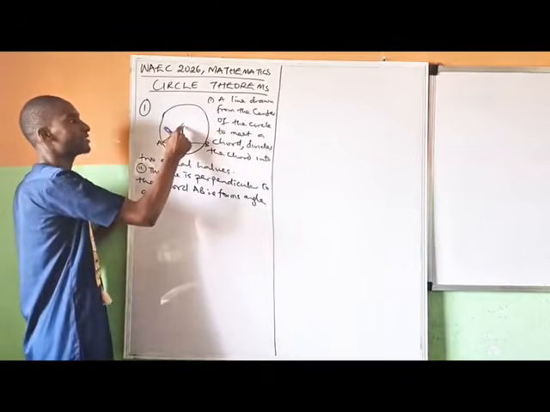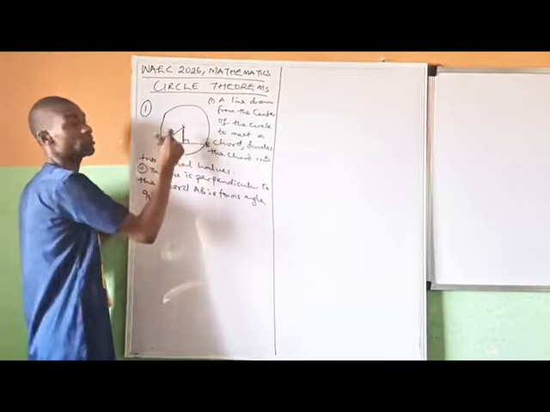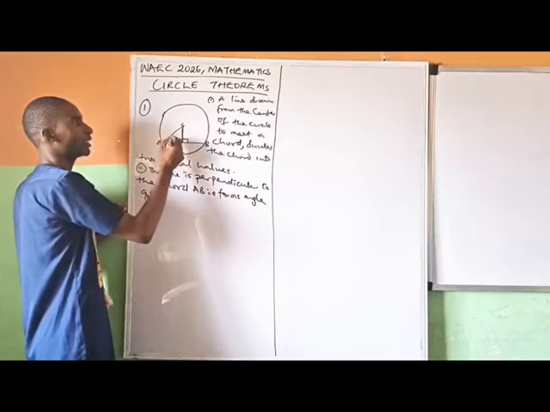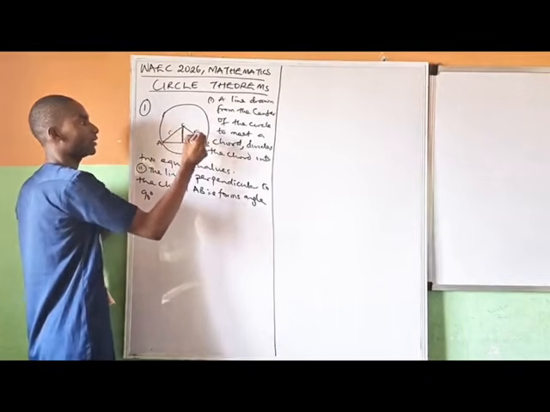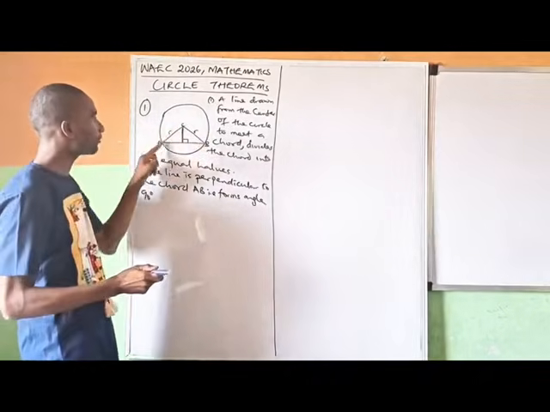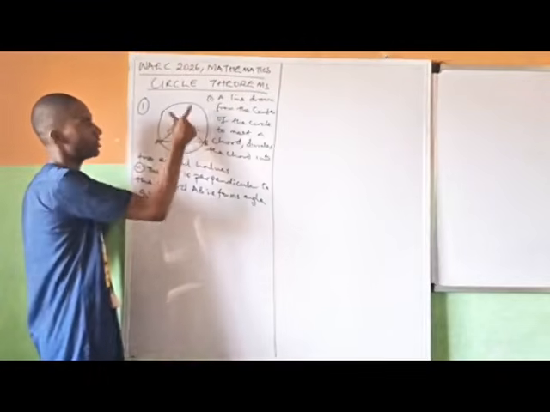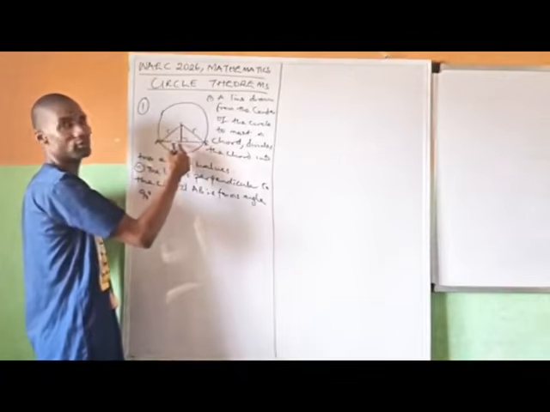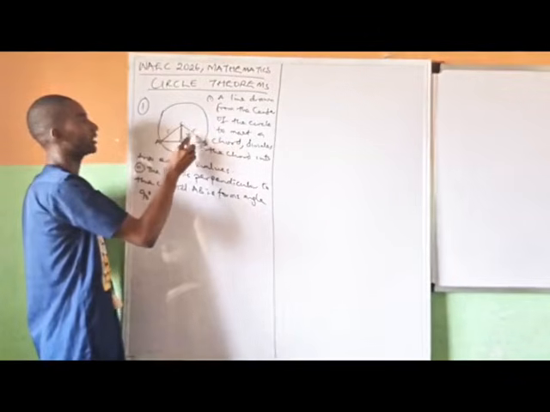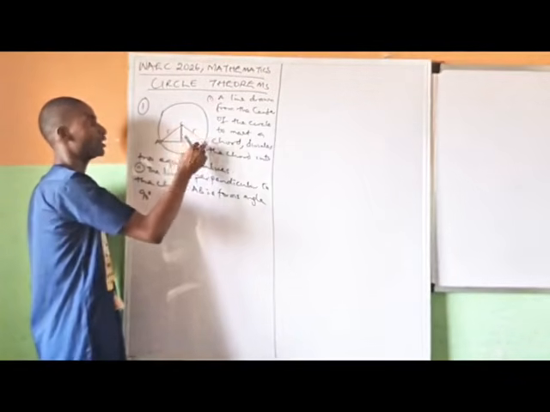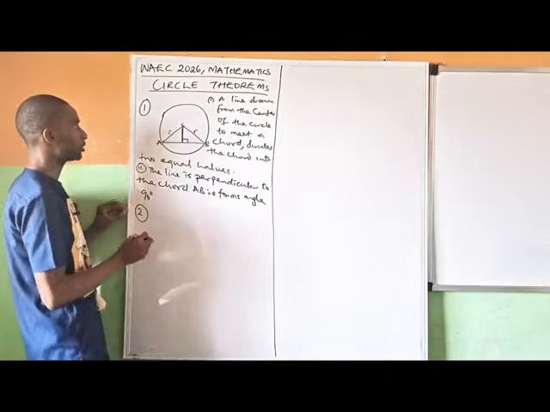All right, from the center of this circle to any part of the circumference is a radius. So this is a radius. So if this is a radius, that means the size of here will also be equal to the size of here. So the length of here is the length of here. Is that okay? So this is a triangle. So from this theorem, angle 90 degrees here. So if you are given the value of here, you can do Pythagoras theorem here to get the length of the chord.